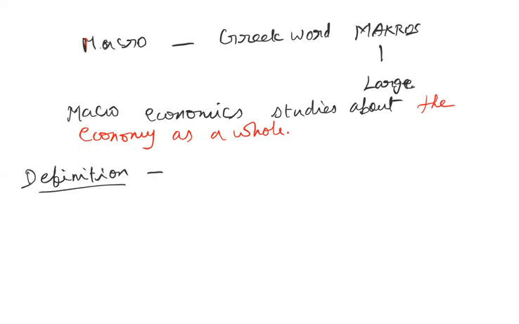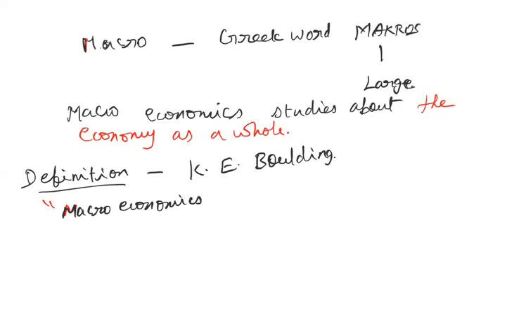So this is the definition given by Mr. K.E. Boulding. So according to K.E. Boulding, inverted commas, Macroeconomics studies national income, not individual income.